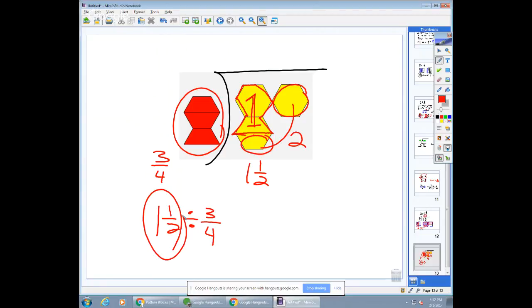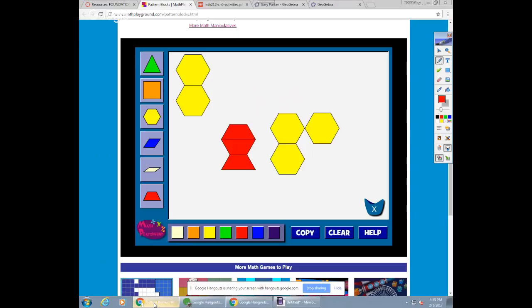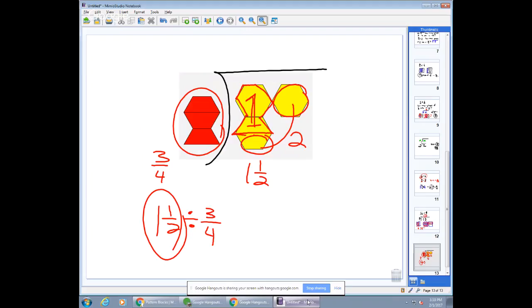No. Try again. Be 3. Yeah. Okay, so if you look back here, this right here is 1 1/2, and it has 1, 2, 3 halves that live in it. That's the other nice thing about the toys. They're concrete. You can hold them. You can touch them. You can feel the 3 of them. So I can say this is the same thing as 3 halves divided by 3/4.